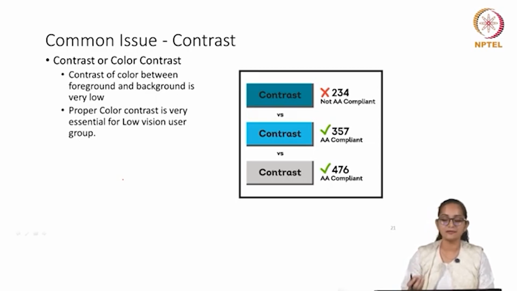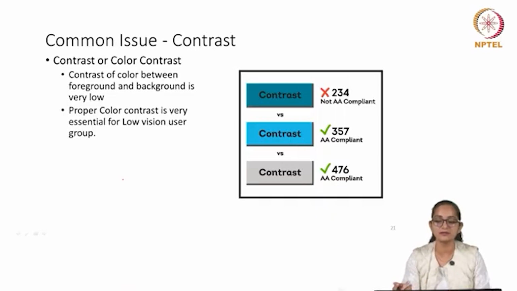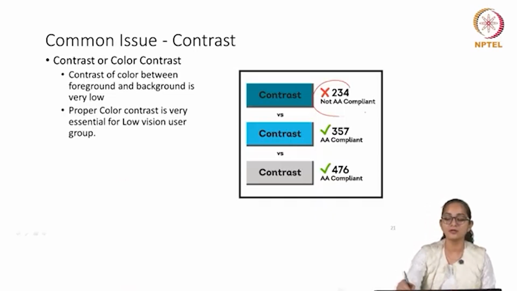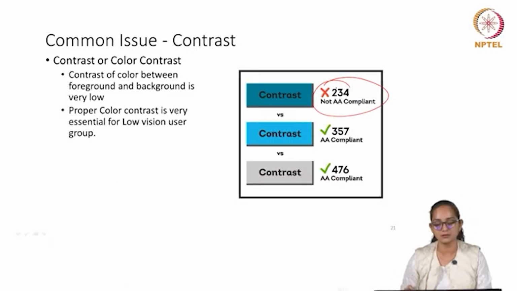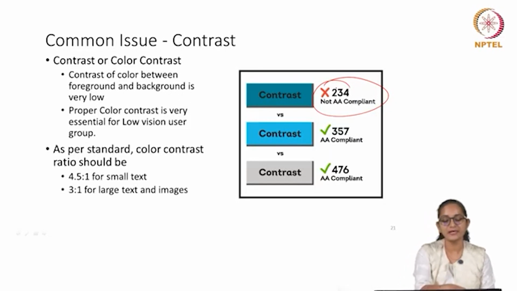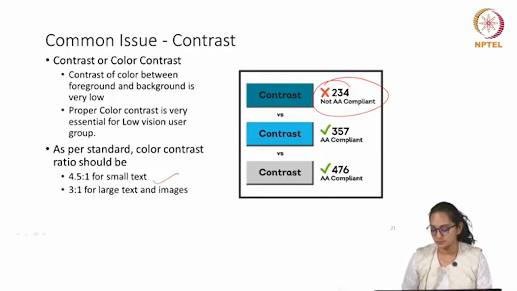Visibly it may look like a decent contrast, but if it is not compliant, the automated tool will tell you so. Proper color contrast is very essential. As per standard, the color contrast ratio should be 4.5 for smaller text and 3:1 for larger text. So, make sure that it is there.